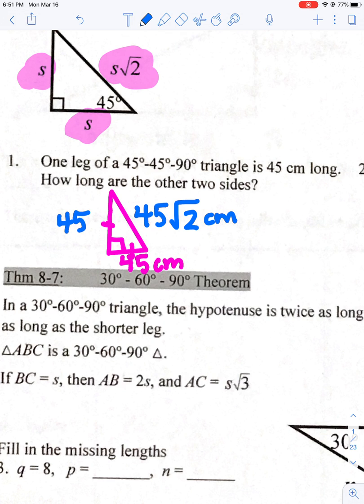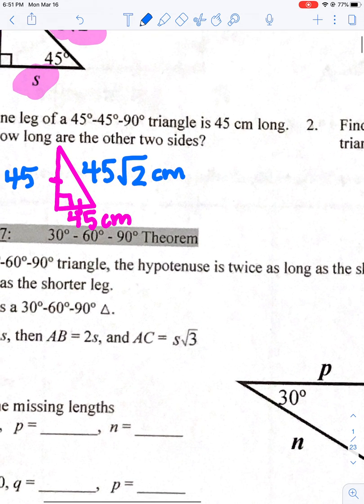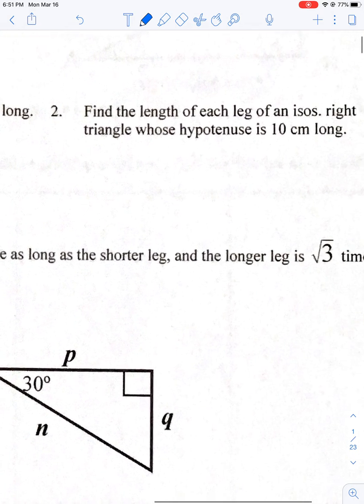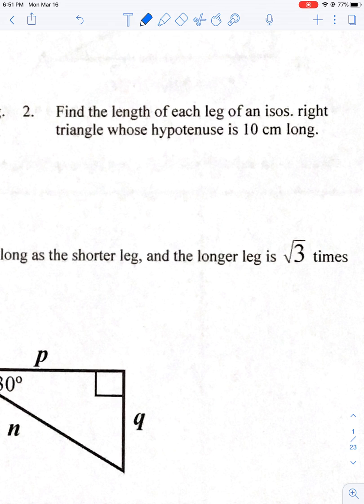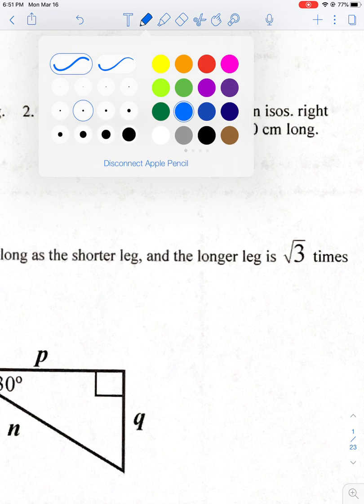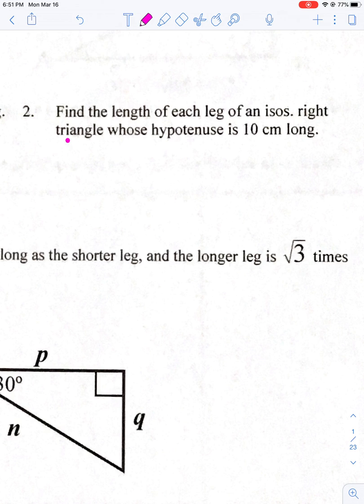In our second example, and I'm going to go ahead and change the colors, we are given this time the hypotenuse of a 45, 45, 90 triangle. On that hypotenuse, we're given that it's 10 centimeters long.